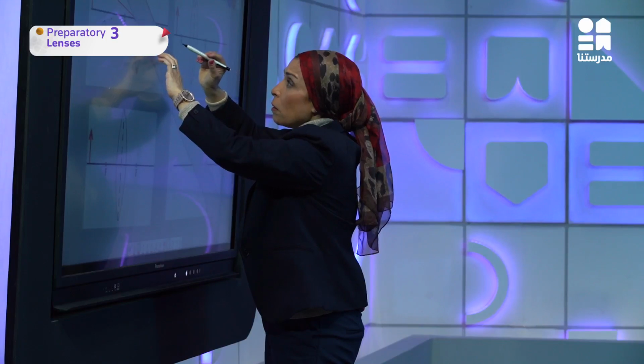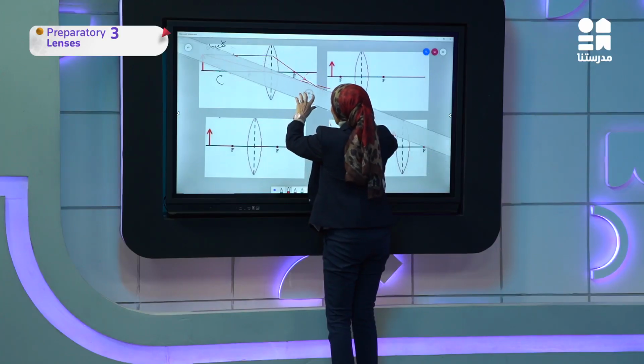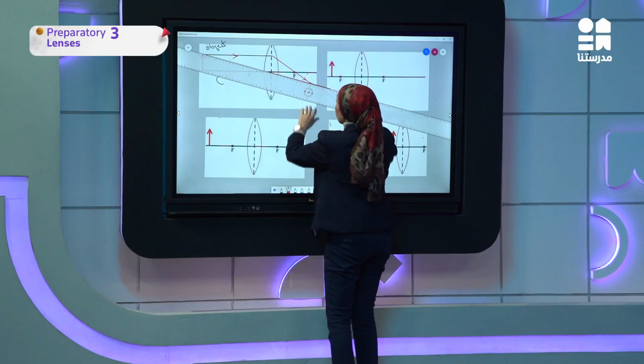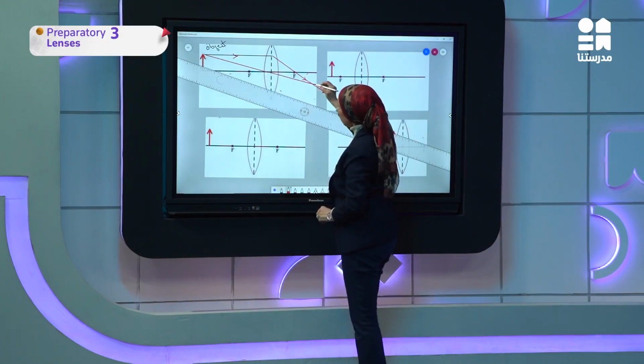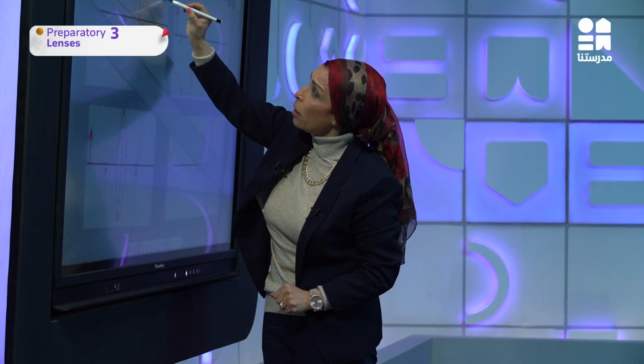This is the ray, the intersected ray. Then here is the intersected part, and here is my center of curvature. Here this is the image. I will make the arrow, and here is my image.